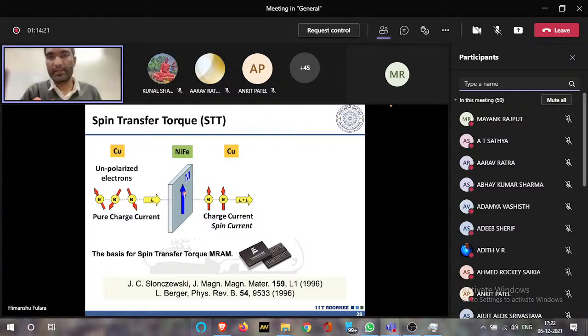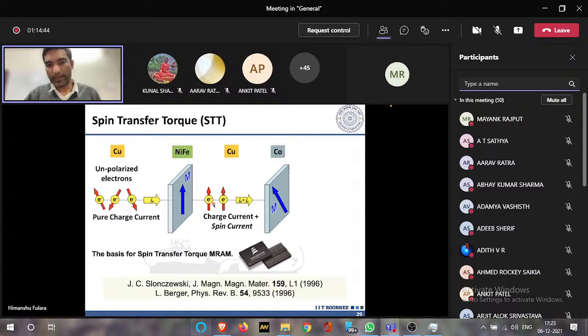Now it's up to you how you use this spin polarized current. We pass it to another ferromagnetic layer which has a changing magnetization behavior. This is basically a free layer.